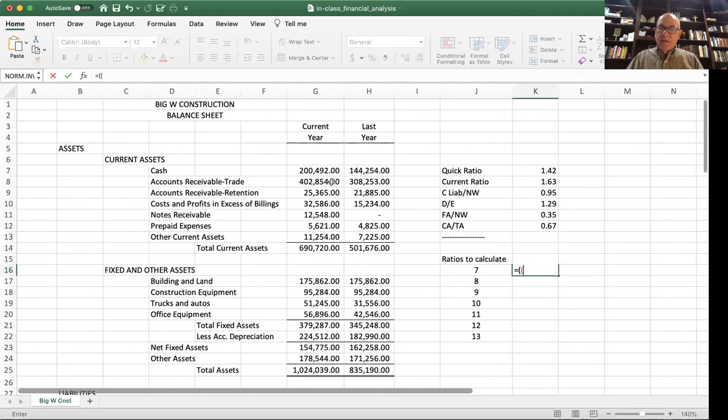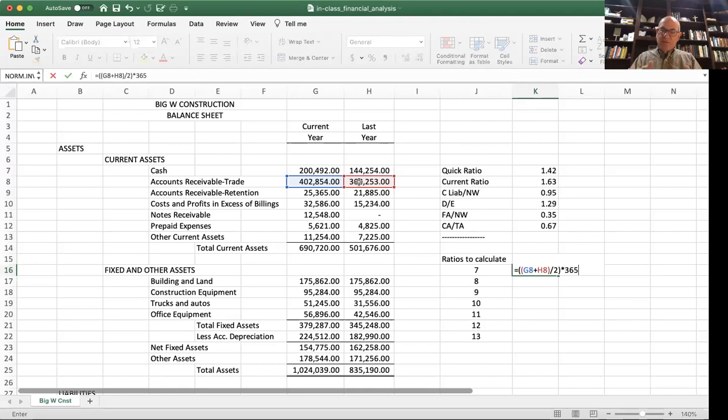So first we take the average accounts receivable, the current year plus last year divided by 2. And then we take that times 365. I could use some more parentheses here, but the order of operations built into Excel takes care of this for me.